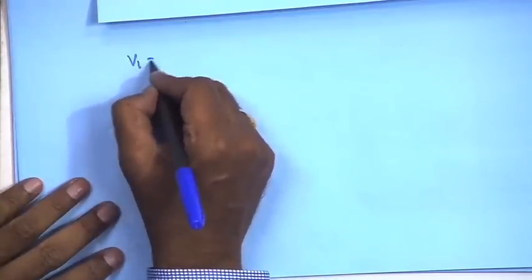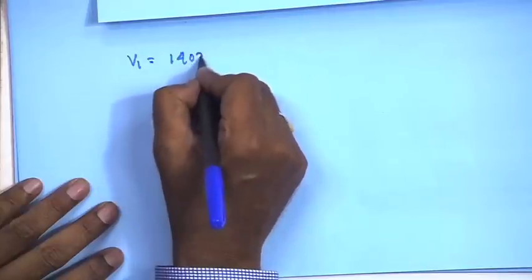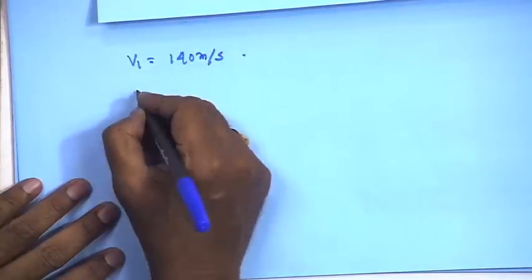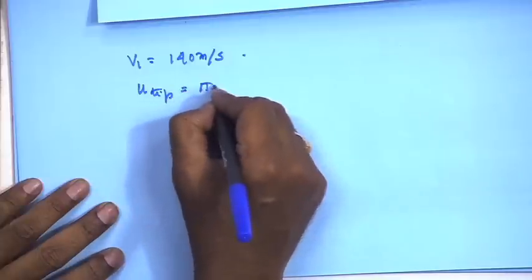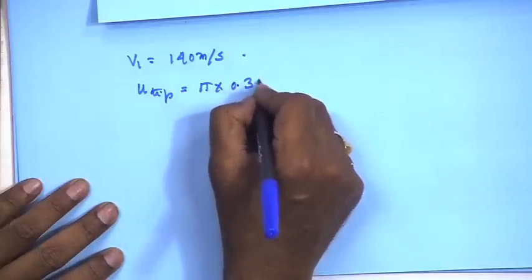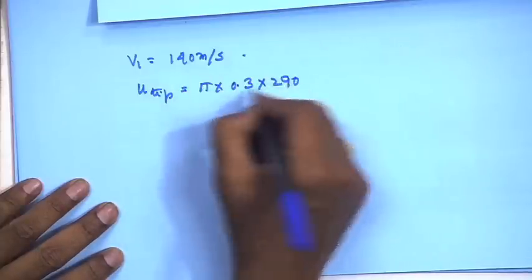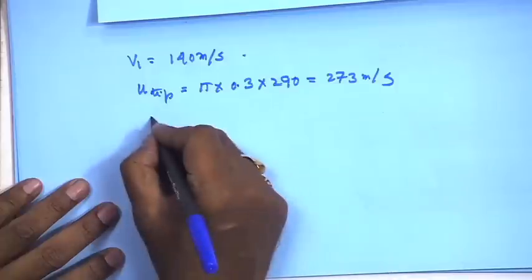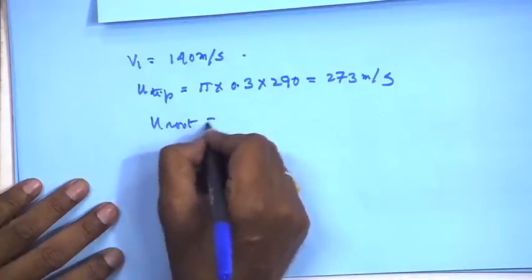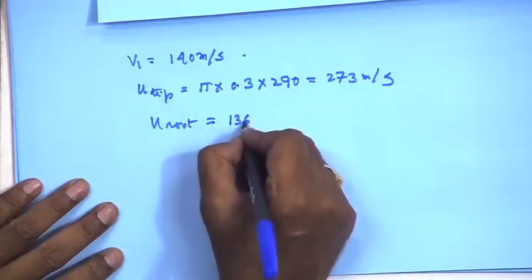If you do so, I am giving you this value: the converged value of V1 comes out to be 140 meter per second. U tip, you find out pi into the rotational speed into tip diameter, 273 meter per second, and U root is just half, since the diameter is half.